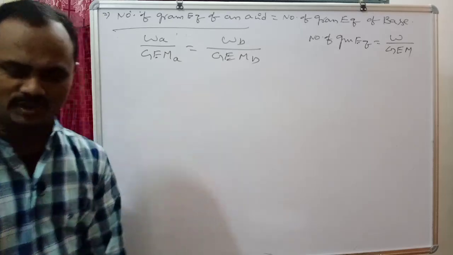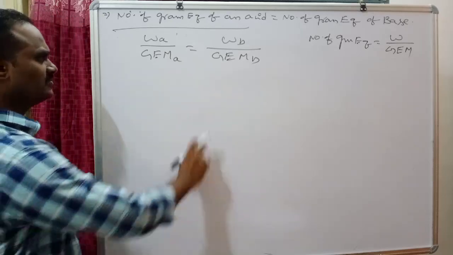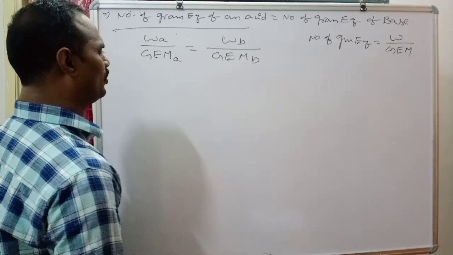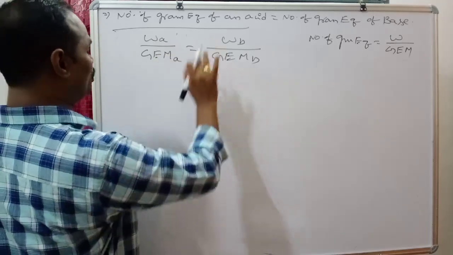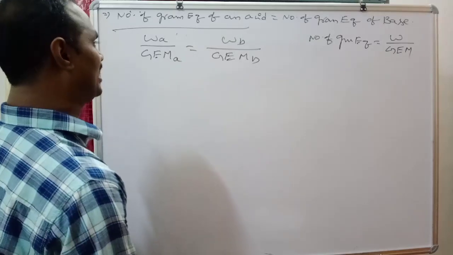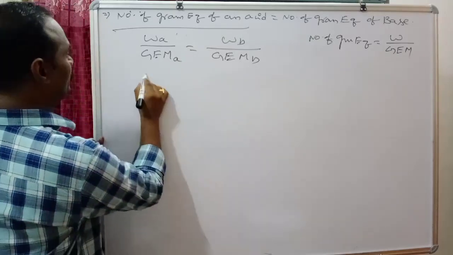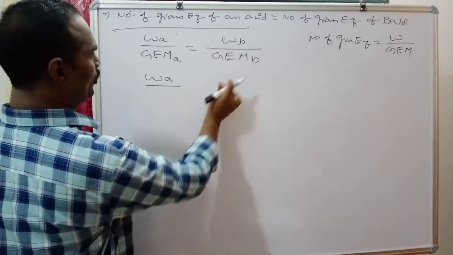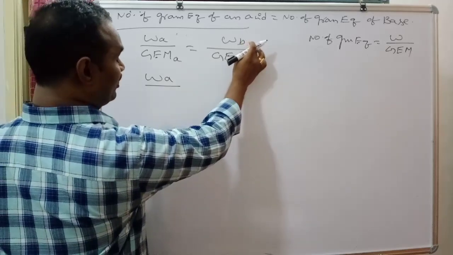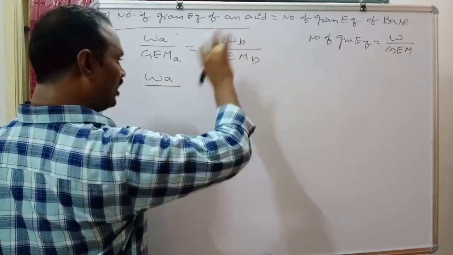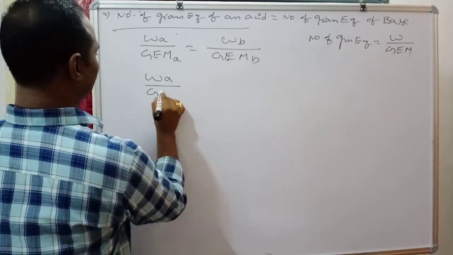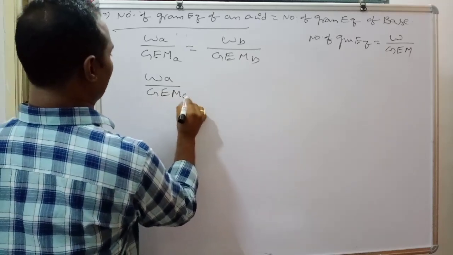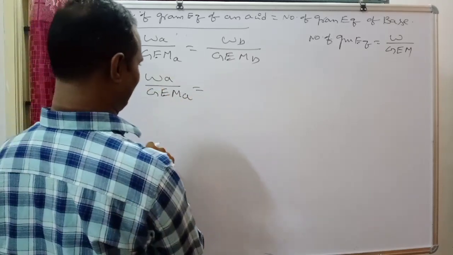Sometimes for a base or acid, they won't provide the mass. At that time they will provide normality and volume. Then what you have to do? Suppose normality of base and volume of base are given. Number of gram equivalents of an acid, same formula this side I am using.